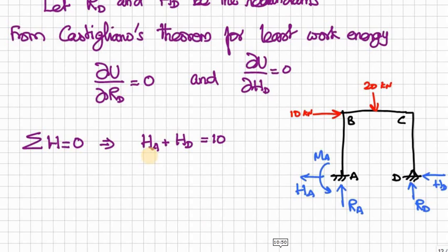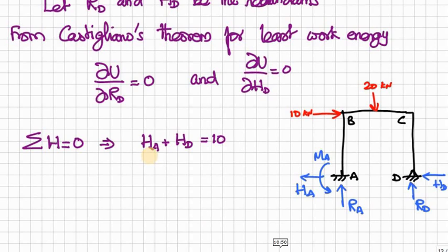In any direction we can assume initially. If the answer is positive, our assumption is correct. If the answer is negative, then we have to change the direction. So initially we assume HA and HD are both acting towards the left, and MA acting in the anti-clockwise direction.